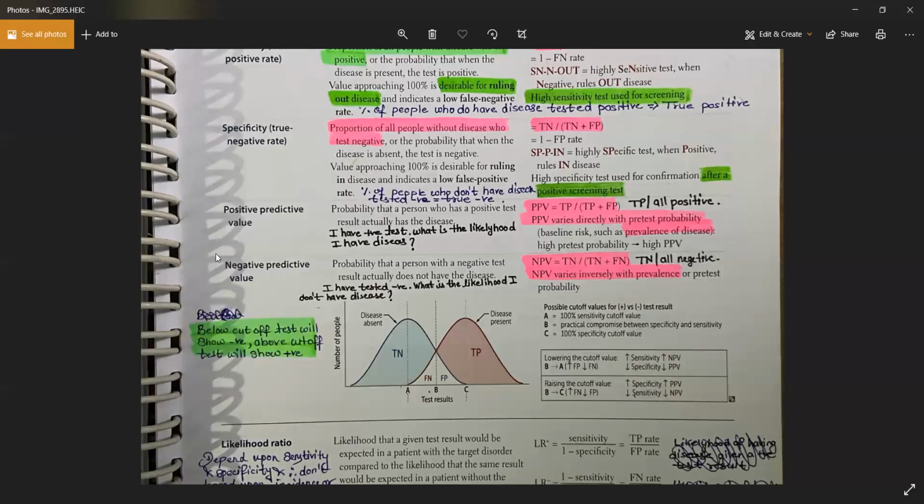Let us suppose there is a population in which a certain disease is highly prevalent, and if the patient gets a negative result from this population, the patient can have a very high false negative rate also, because the disease is very prevalent. So there are very few chances that the patient is actually disease-negative. Understand that? Okay, so let me repeat it again.